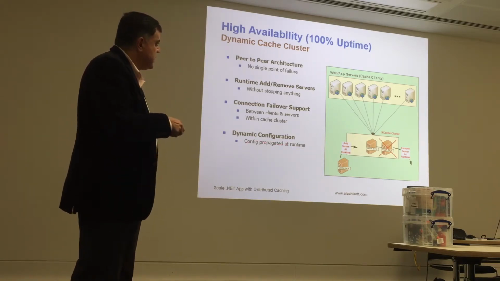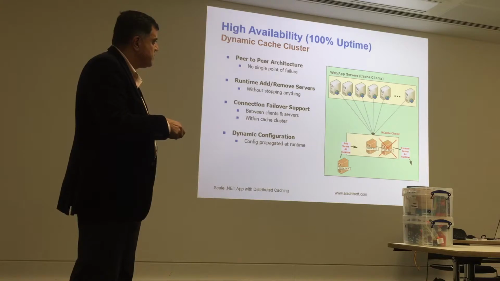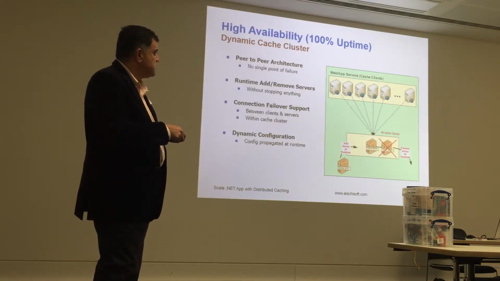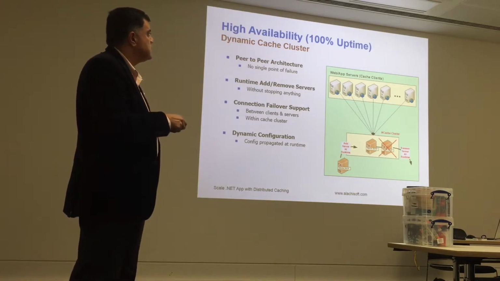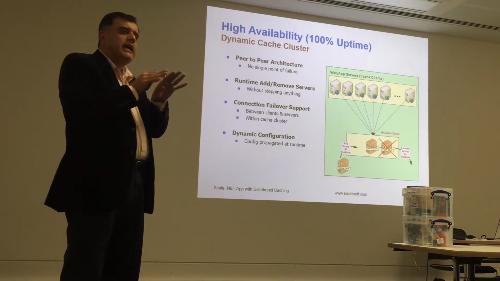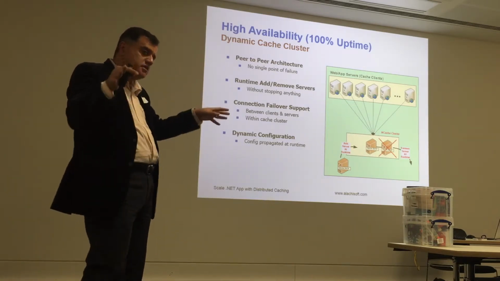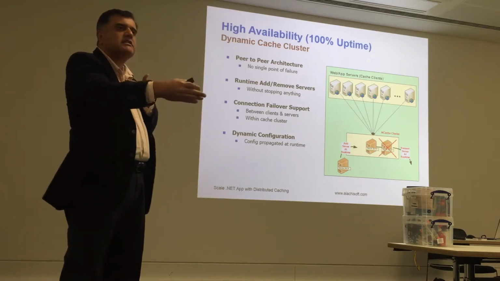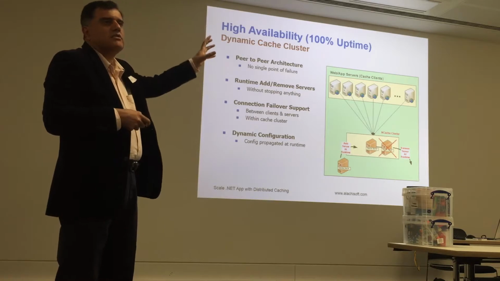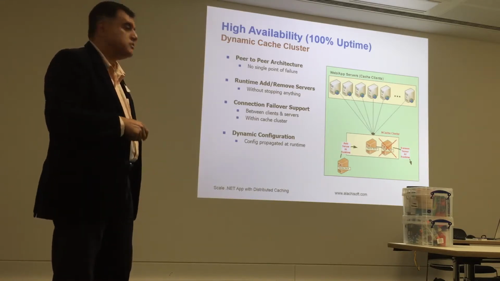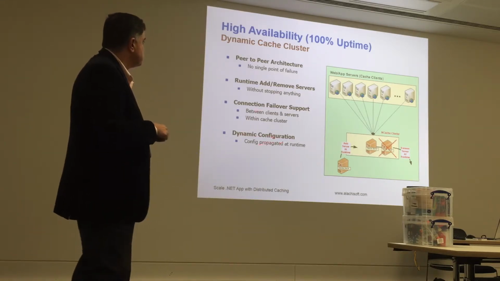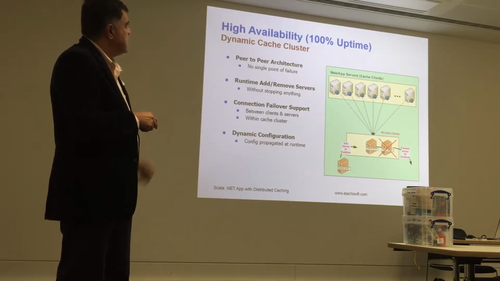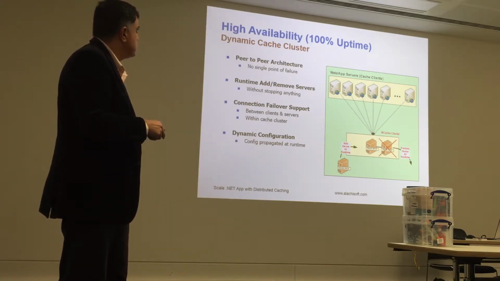Whenever you add it, a new cluster membership is created and propagated to all the clients. The clients will pick it up, and if they need to connect to all the servers in the cluster, they will connect to the new one. If not, they'll keep it in the list, so that if their main server goes down, they'll know that they can connect to this one also. So that's the dynamic configuration part.